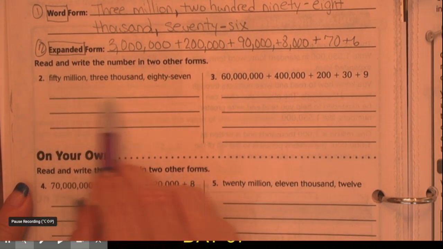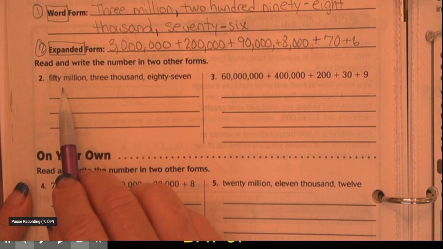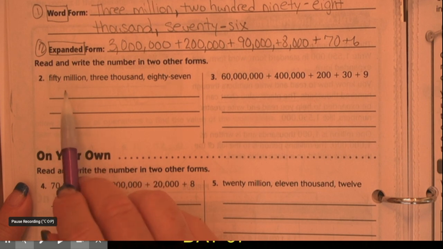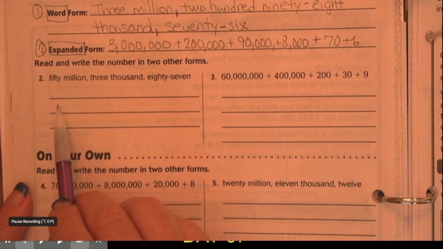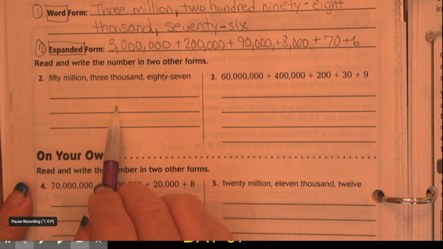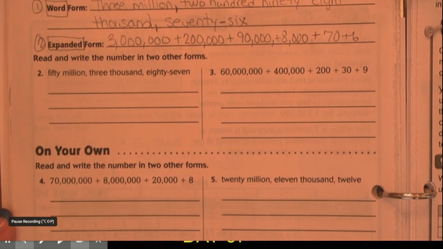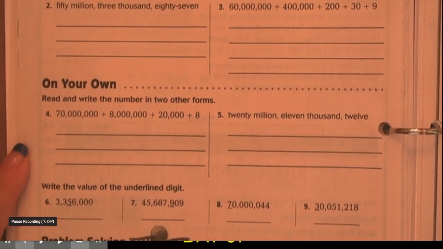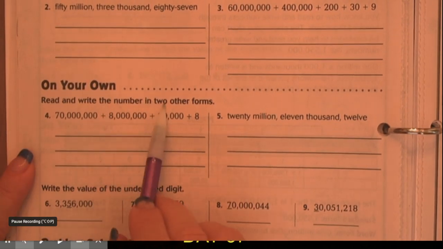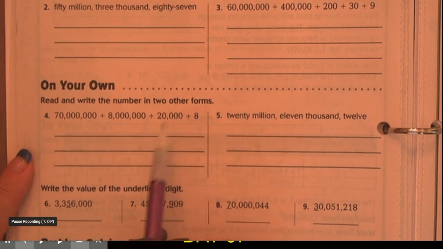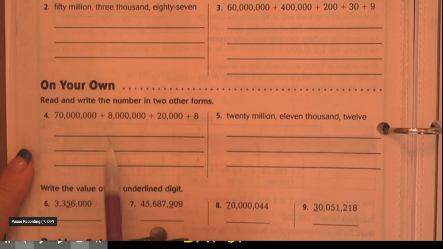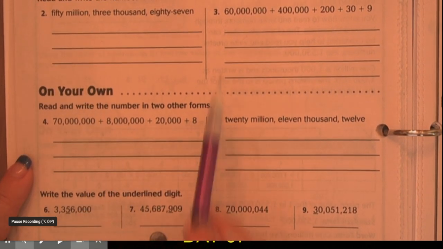Now they gave us word, so now we need to do the standard and we need to do the expanded. And you are going to do these two on your own, using that as a model. Coming down here to number 4, read and write the number in the two other forms. So not sure why they broke that up, but it's the same as that up there.